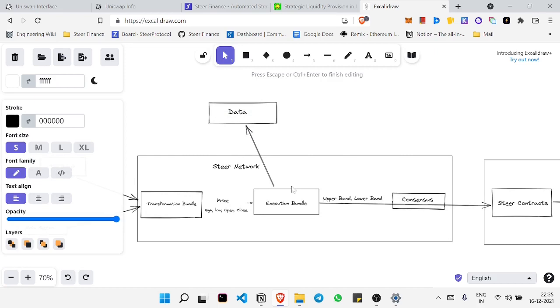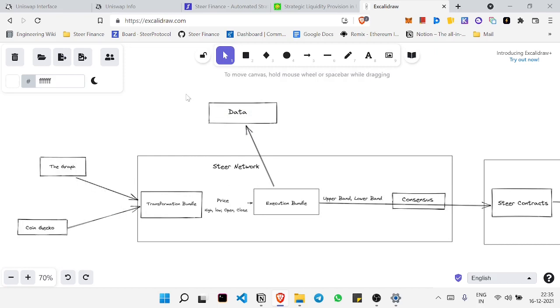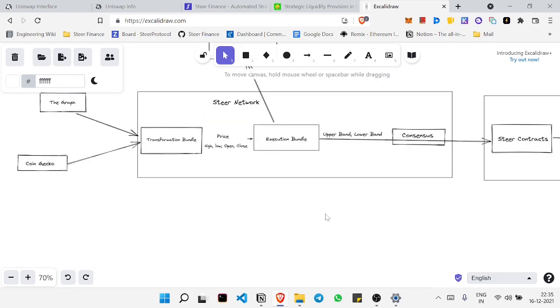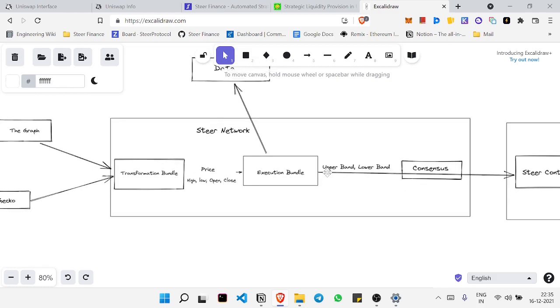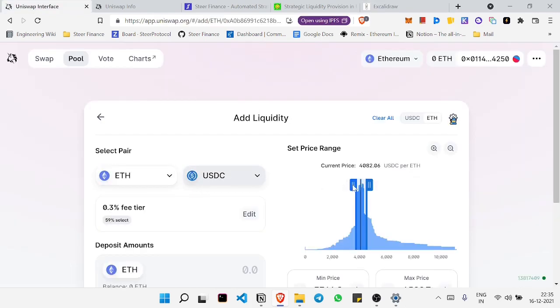And then it returns an upper band and a lower band for the execution of the strategy. Now the upper band is just this part, and the lower band is just the other tick, which is this part.